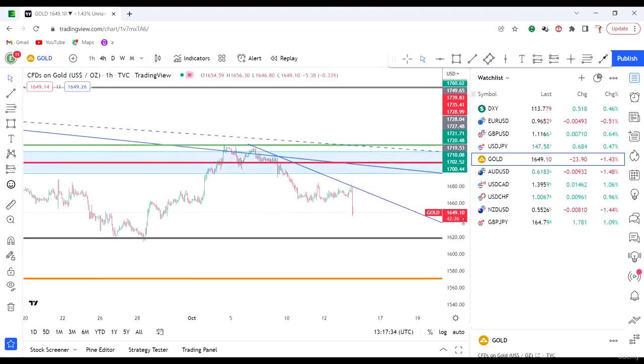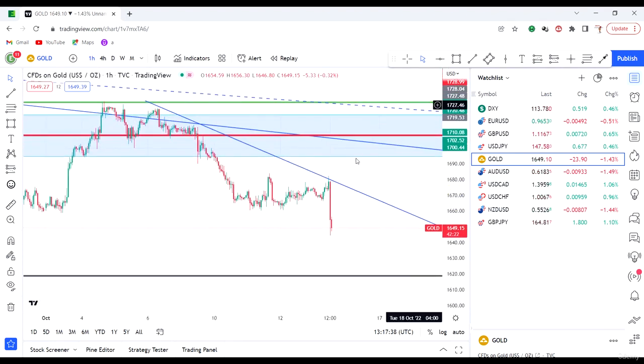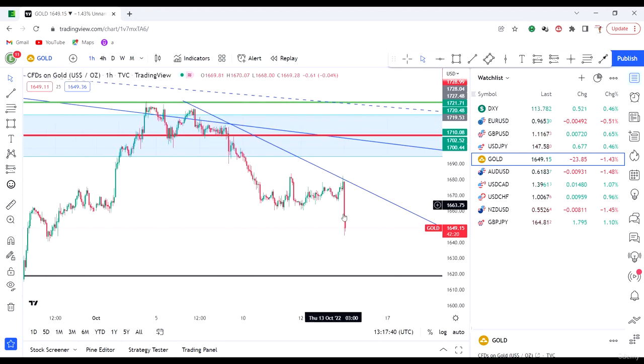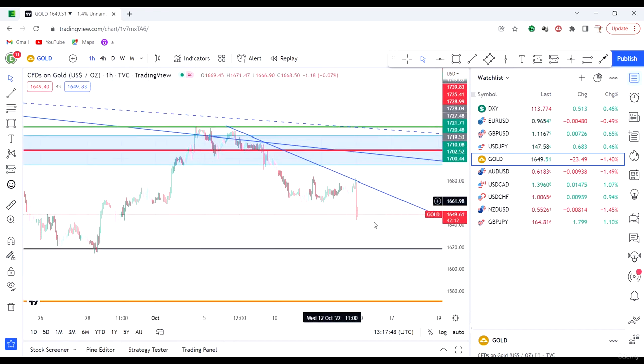So as you can see, now we have a clear trading opportunity. It's possible to enter a trade here and have our stop loss at a region like this. We can also wait for it to retest or retrace and then enter a sell trade.